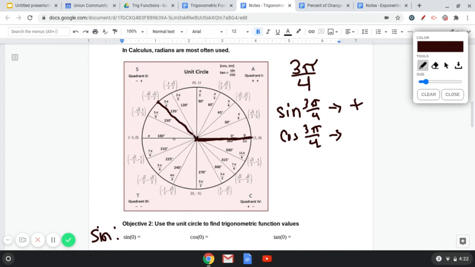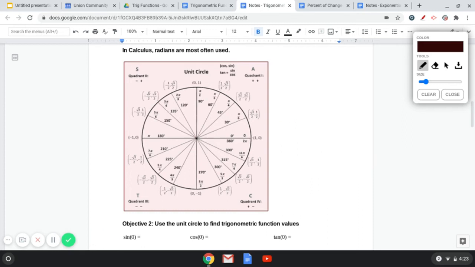Oh, we passed that y-axis, which means this one is negative. And then the tangent, well, the tangent is sine over cosine, which means we have a positive over a negative, which will be a negative as well. This tangent will actually be a negative 1, if you're curious about that. All right, so that's that for that one.